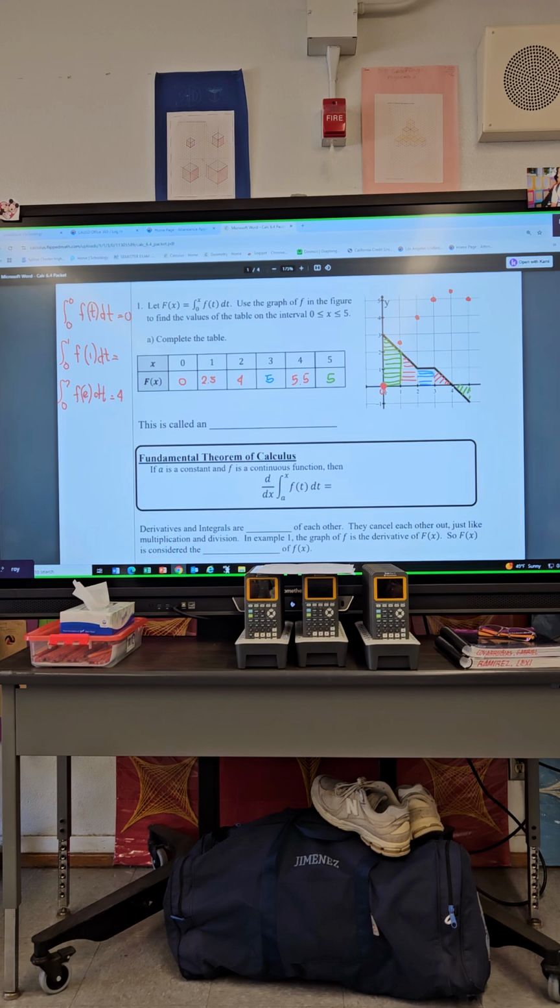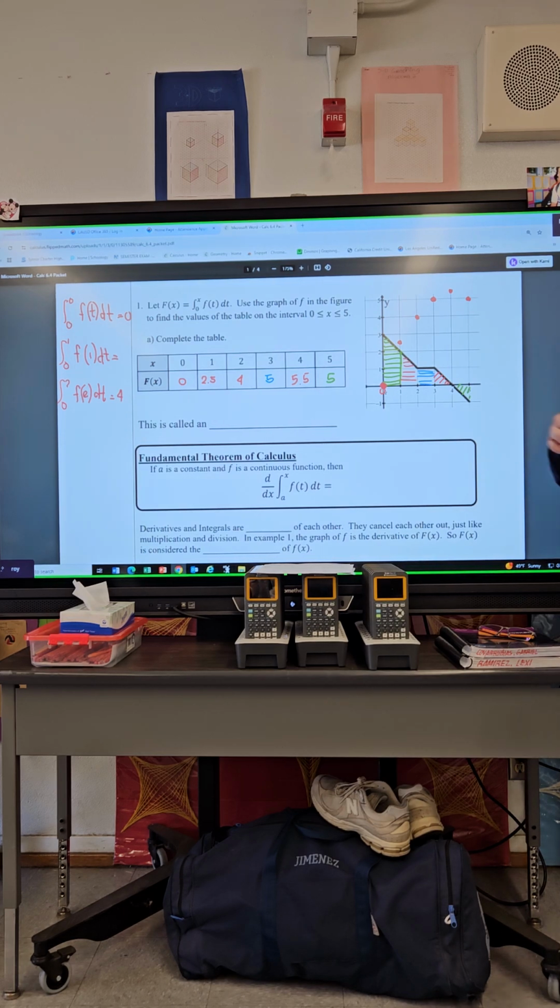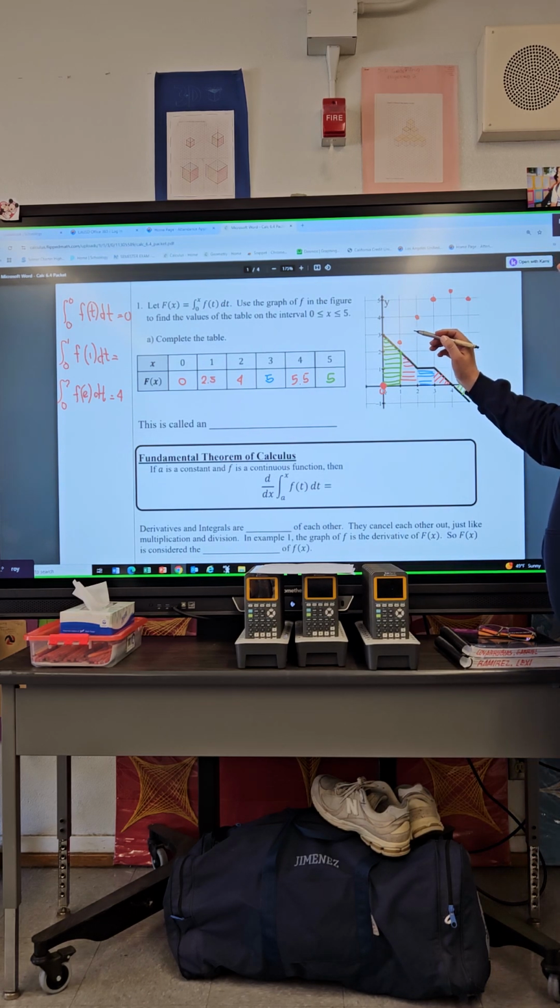Okay? That means we are doing the area. And this is now an accumulation function, right? And this is also called the fundamental theorem of calculus, number 2.